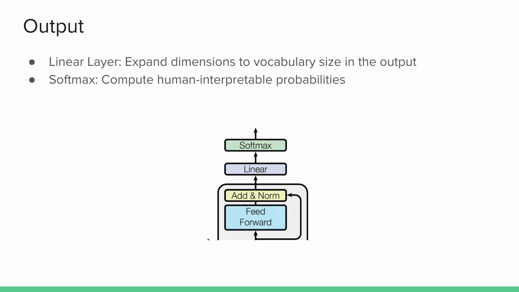Say, if we have 1,000 words, we would produce with this linear layer our 1,000 outputs. And then the softmax, as we know, is for classification, where we come up with something that humans can interpret. In this case, it's going to be the probability of the most likely word that should come next, given that input from our input sequence. And that gets fed back into the network, and then we're off to the next word.